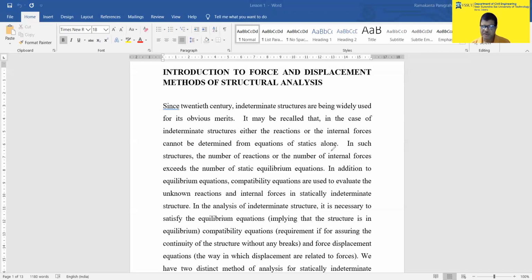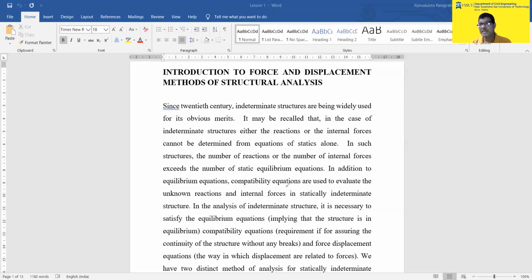So by using the three equations of statics, you can find the three unknowns. If it is more than that, then it becomes statically indeterminate. In such structures, the number of reactions or internal forces exceeds the number of static equilibrium equations. If the unknowns are more, like 4, 5, 6, 7, then you subtract the number of equilibrium equations from the number of unknowns, and that gives the static indeterminacy of the structure.